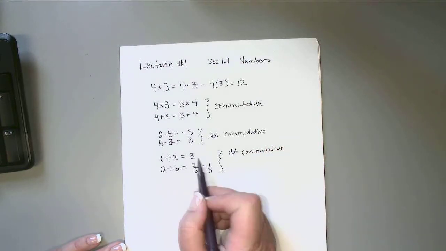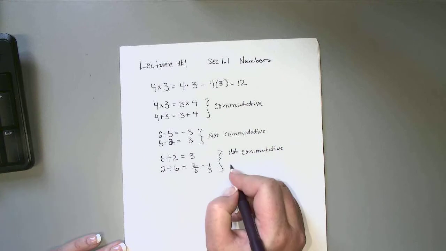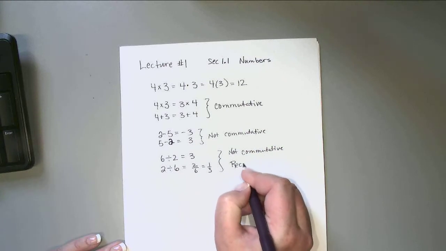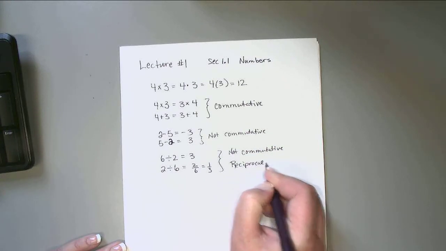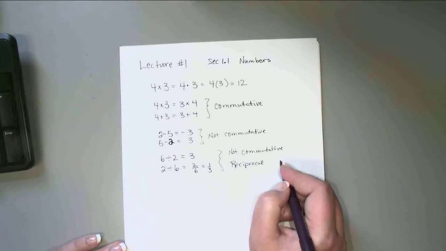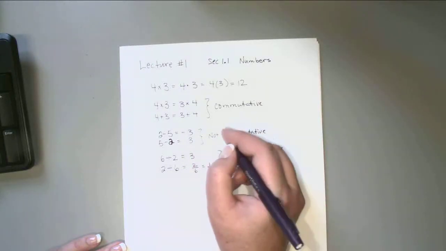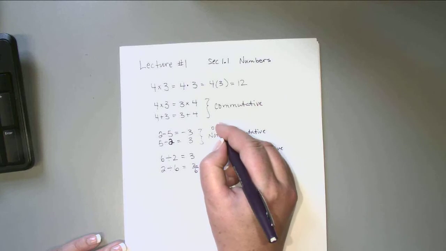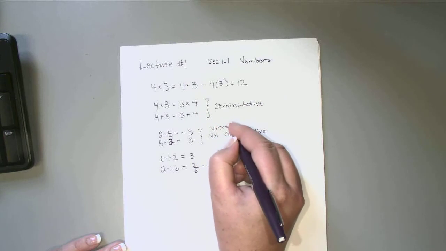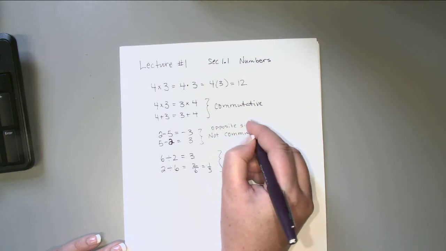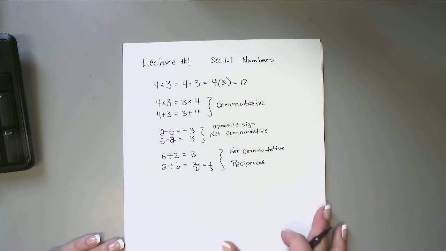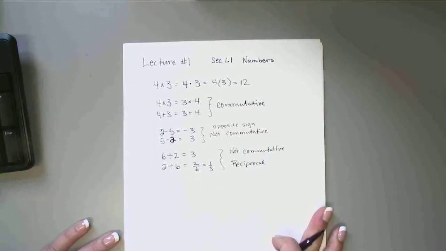Okay, so 3 and 1/3 are called reciprocals of each other. It's like you flip over the fraction. And here, these are the same number but opposite sign. When you subtract one way, or you switch it around and subtract the other way, you get a different sign.